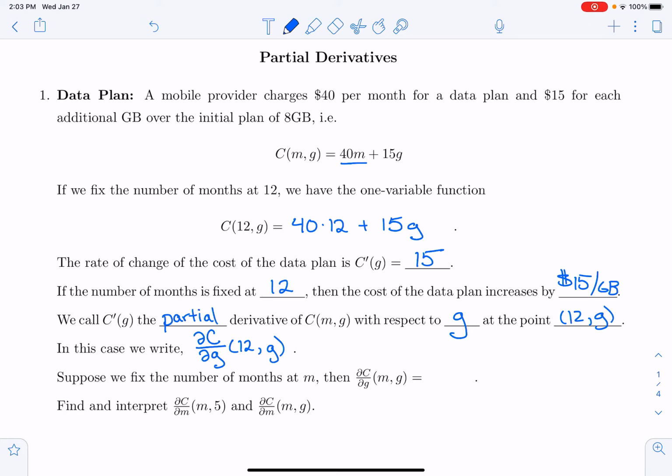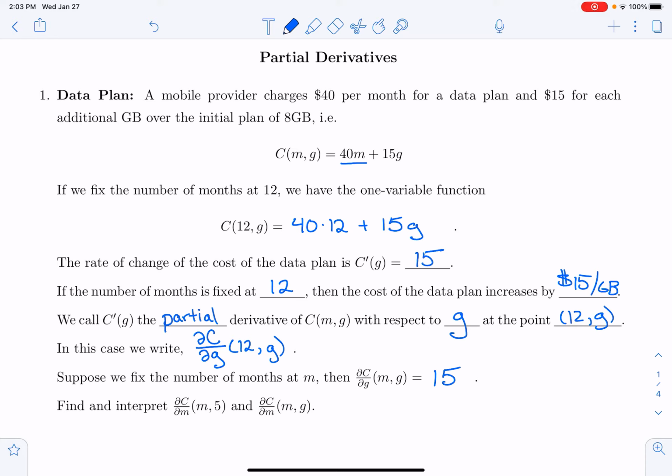And so the derivative here is still 15 when I take the derivative with respect to G. And so we can interpret that the same way. We can say if the number of months is fixed at M, then the cost of the data plan increases by $15 per gigabyte.